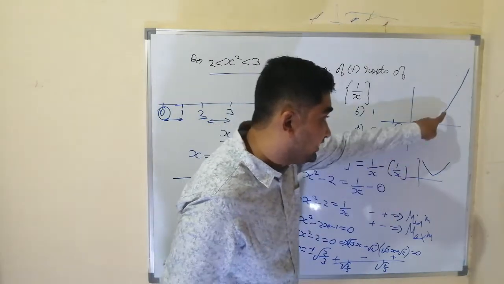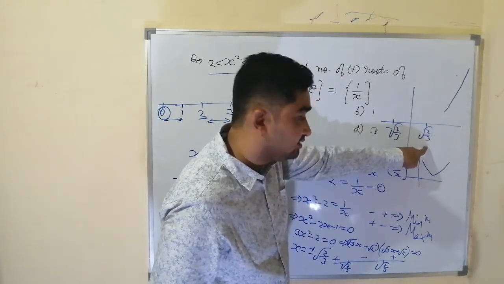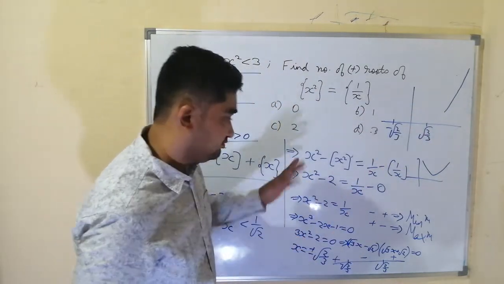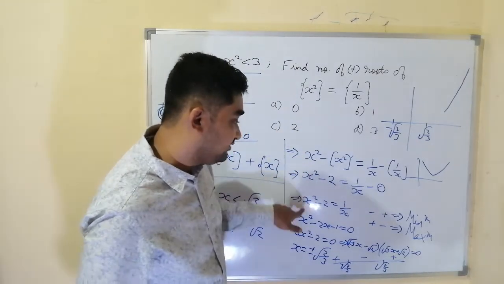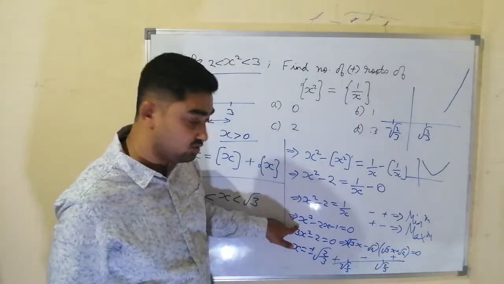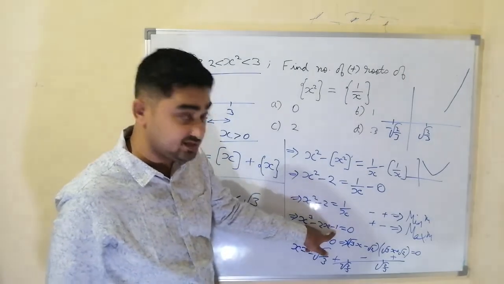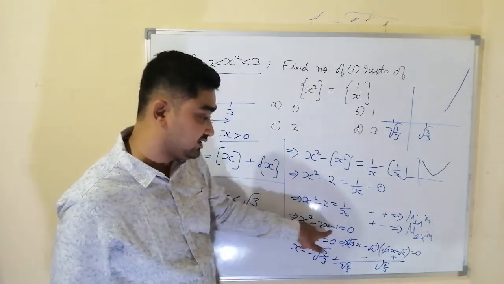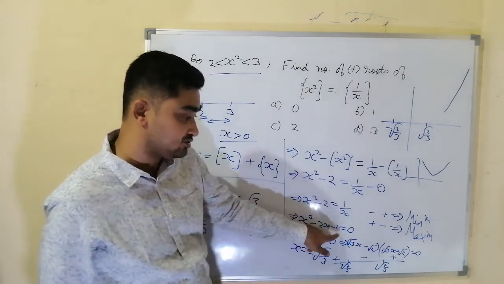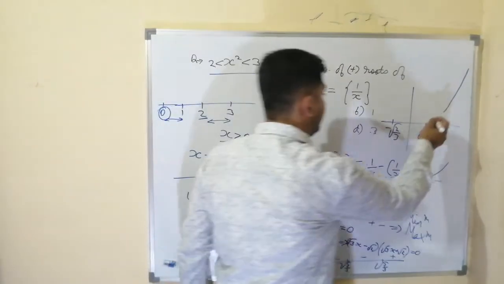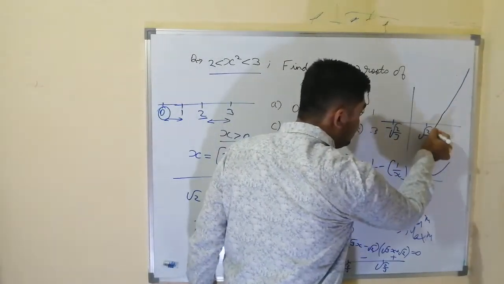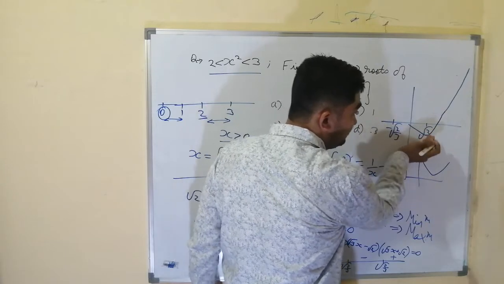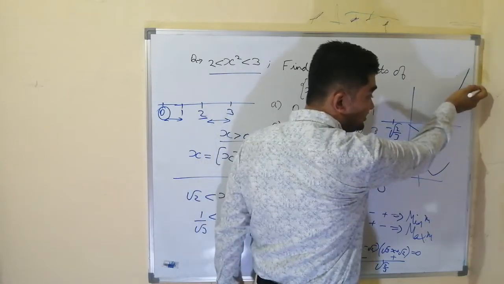So here it will have minima, and very easily we can see whenever x is 0, put x equal to 0, the value of the function is negative, because 0 minus 1 is minus 1. That means the minimum value must be negative because after root 2 by 3 it is increasing.